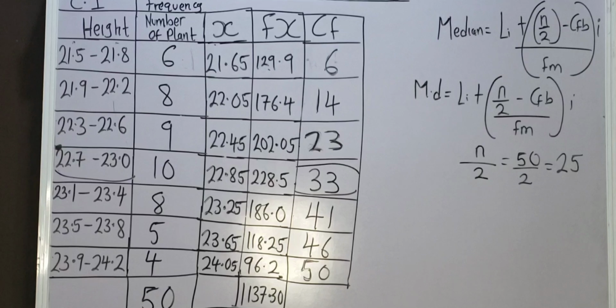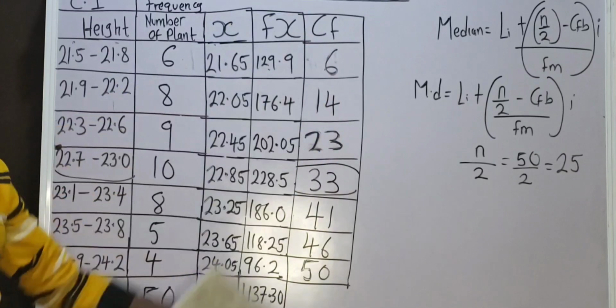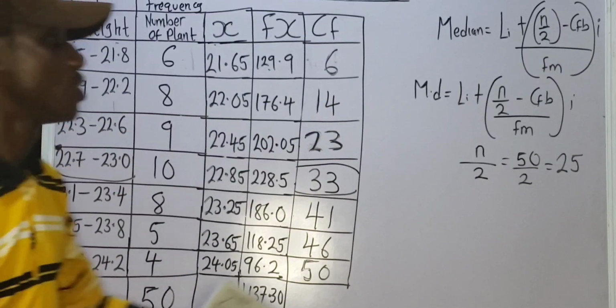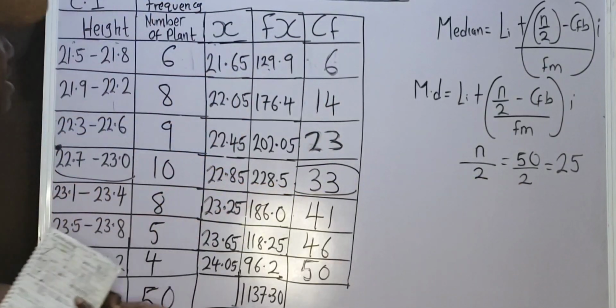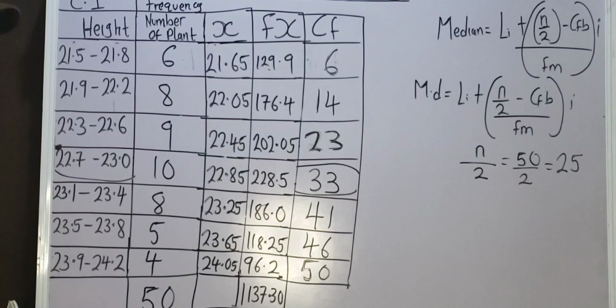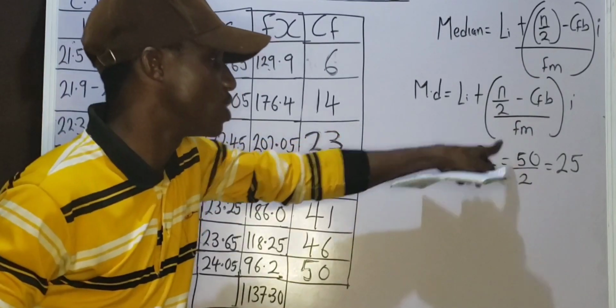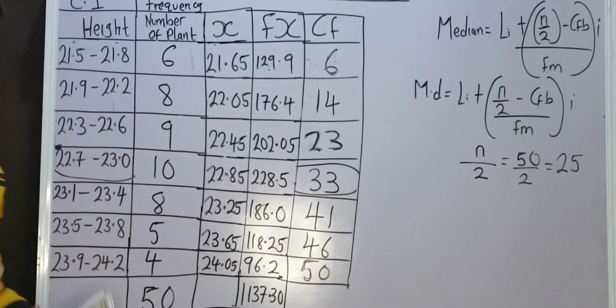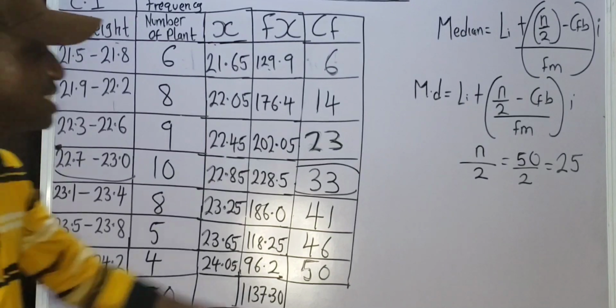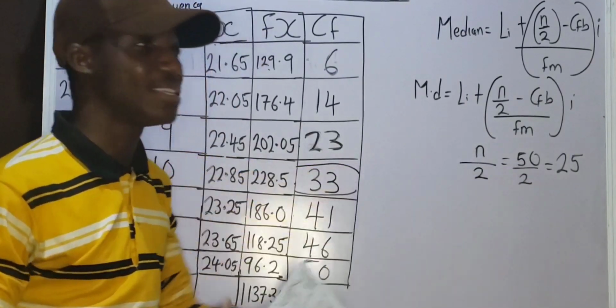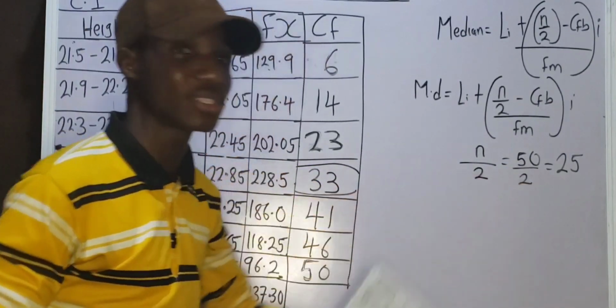Please, do you understand how I got this? Look at this. After constructing your cumulative frequency table, divide the total number of frequency that you have by 2. Just like this, n over 2. When I divide the total number of frequencies by 2, I got 25.